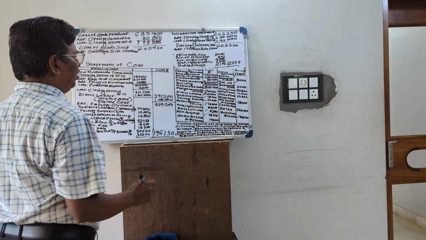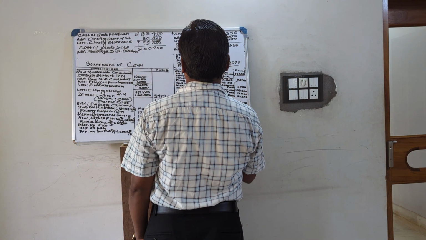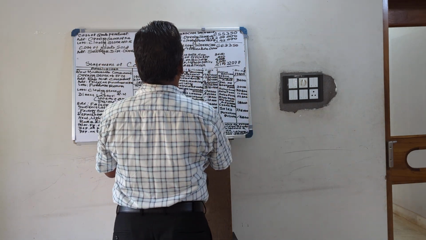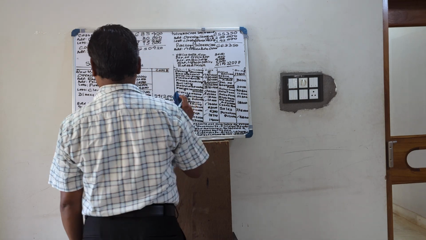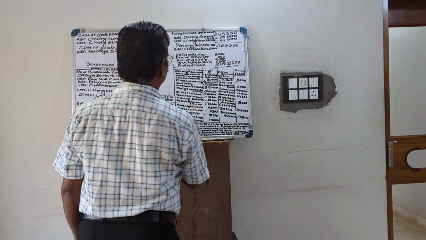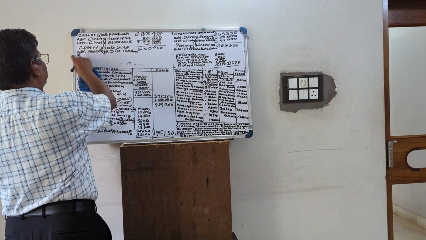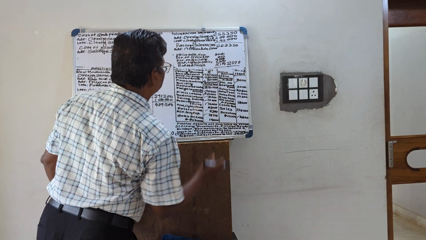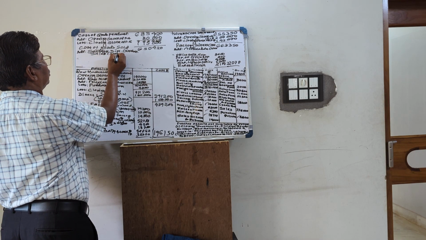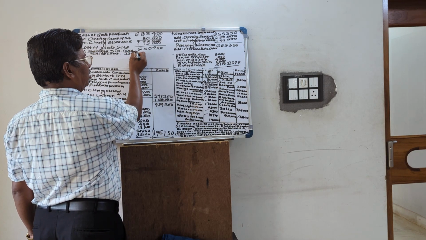So under selling and distribution overhead, we will write sales commission, sales traveling expenses. Sales commission 33,600.